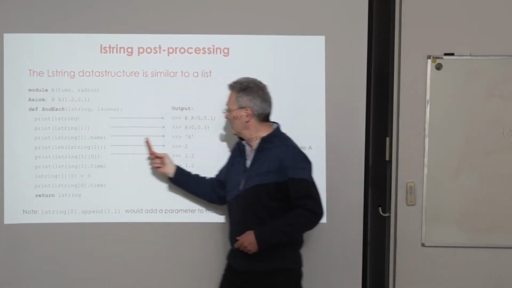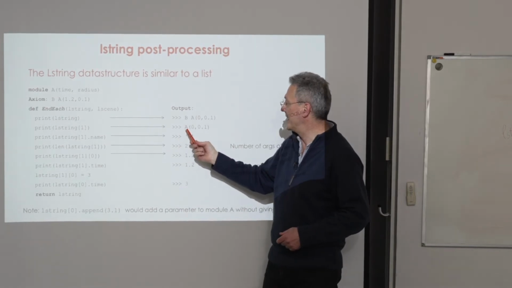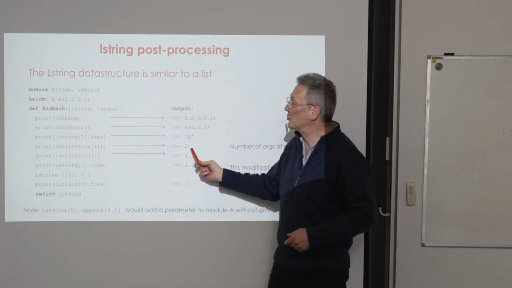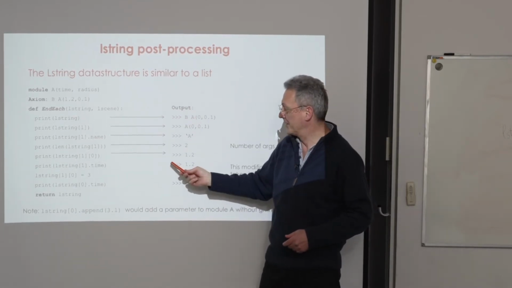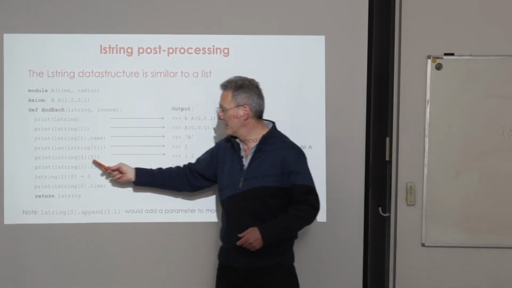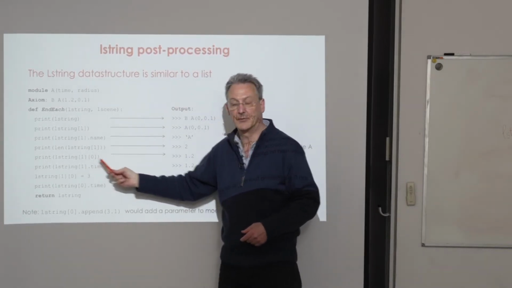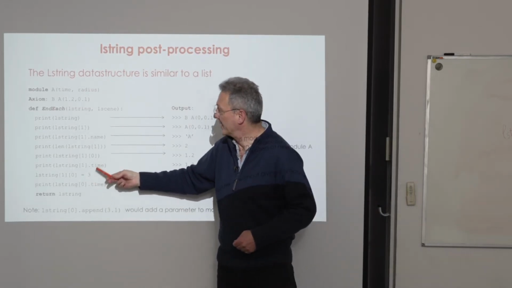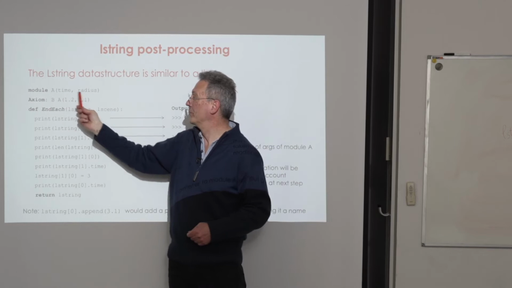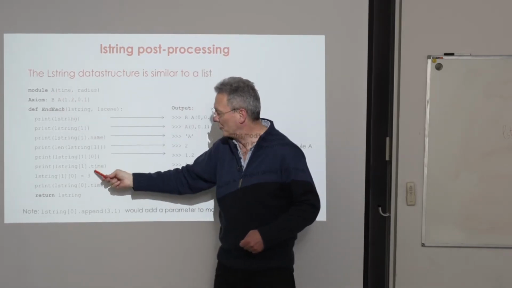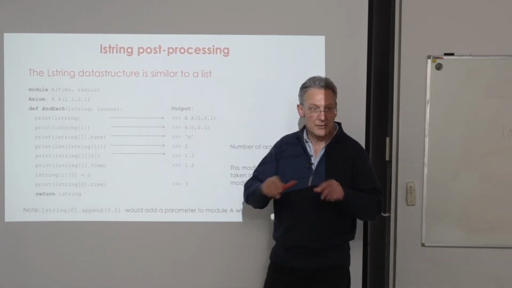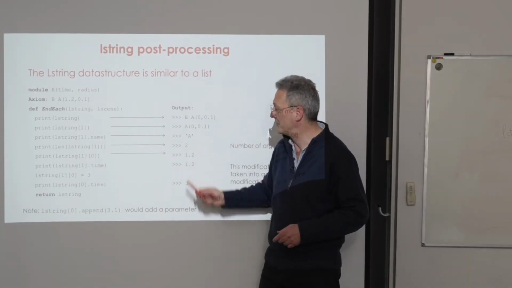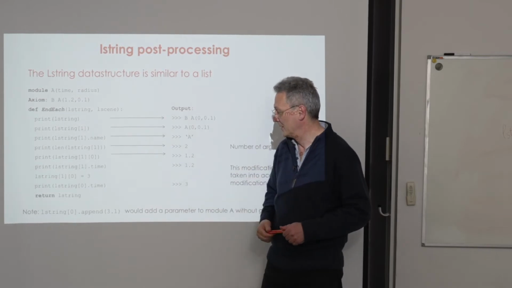This is the first module. So the first module would be A, and the name would be A. The length of the lstring is 2, because there are 2 modules. The first parameter of lstring 0 is 1.2. What else? Because I declared the module as being a time and a radius, I can also use the time and the radius in full letters, to refer to the value of the things, and so on. Okay?